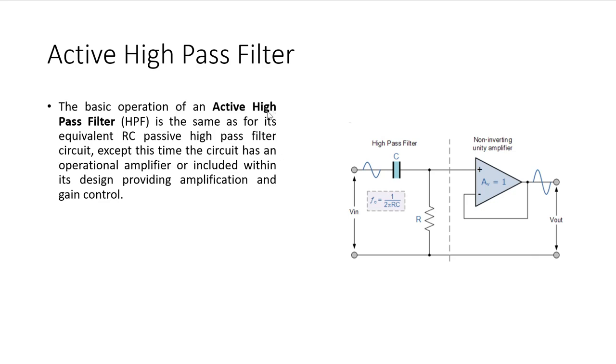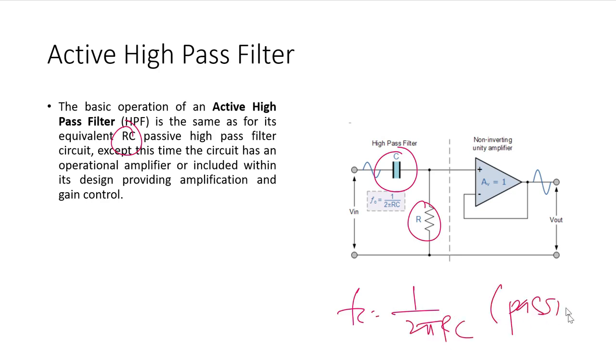This high pass filter also uses an RC circuit, drawn in here, and its FC is 1/2 pi RC, as in passive filters. After that we use this non-inverting amplifier. The non-inverting amplifier again has full feedback of the signal, so its AV would be equal to 1 again.